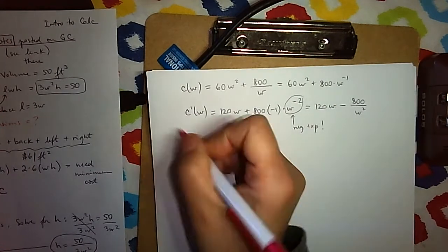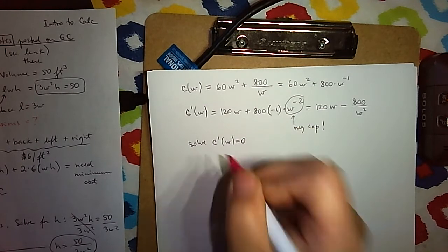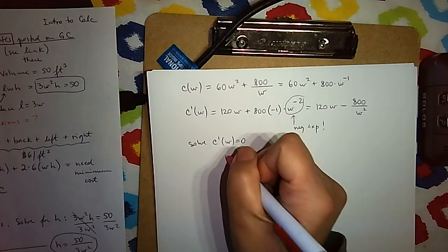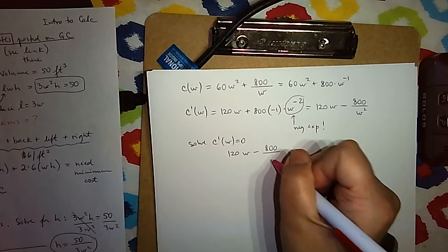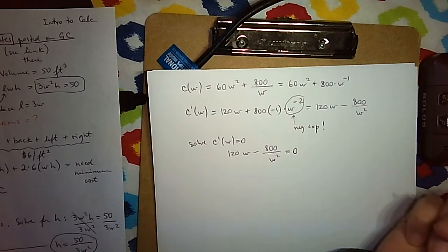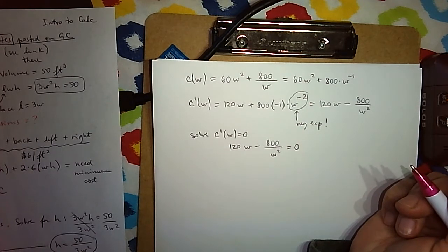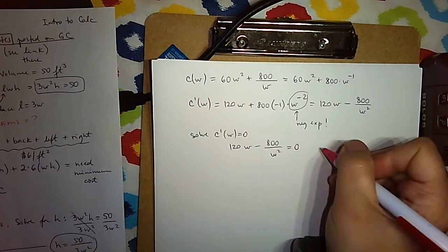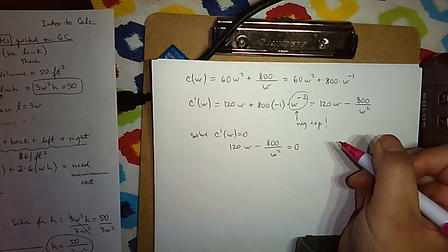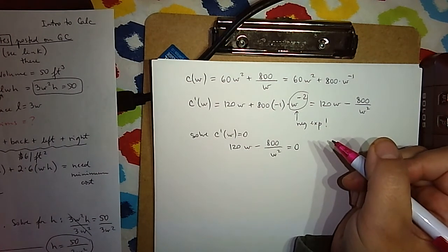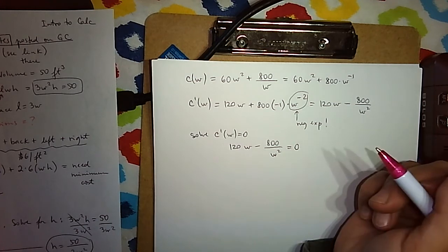Okay. Now we are going to solve C prime of W equals 0, which makes the following equation. We have 120 W subtract 800 over W squared equals 0. We have two possibilities of solving this. One of them will be if we separate one at a time, the 120 W on one side and this part on the other side and use cross multiply, or we could use the LCD between them and still use cross multiply eventually.